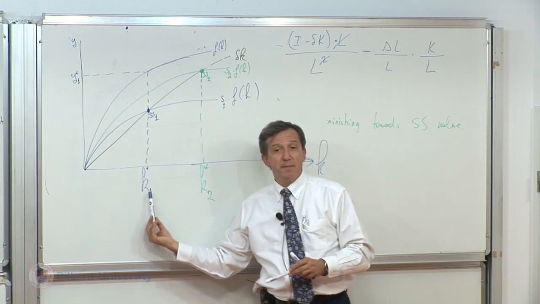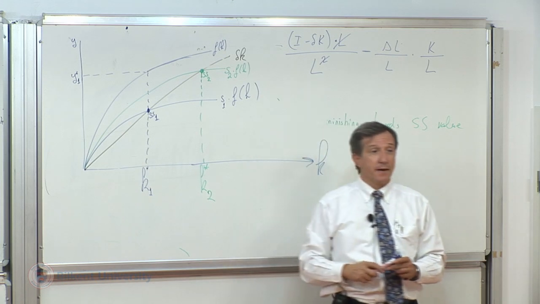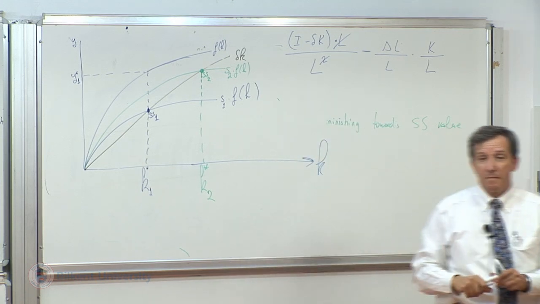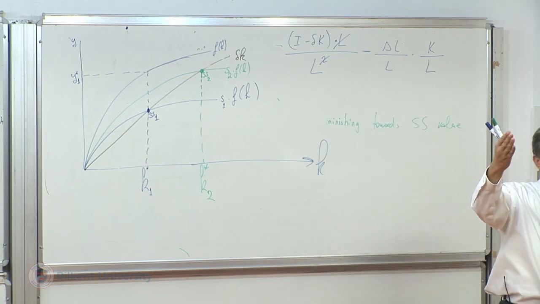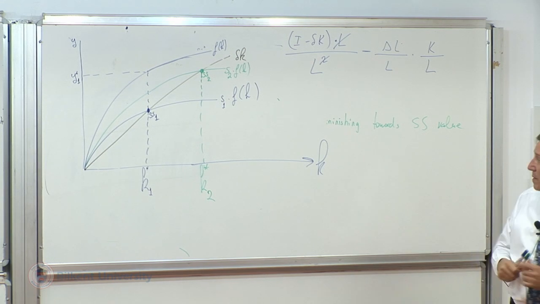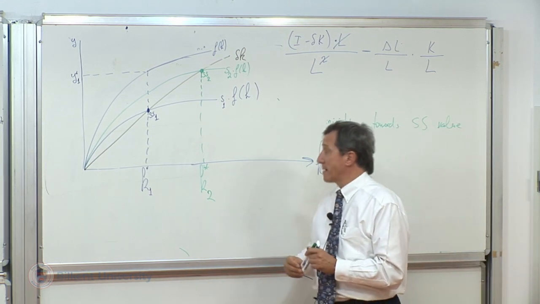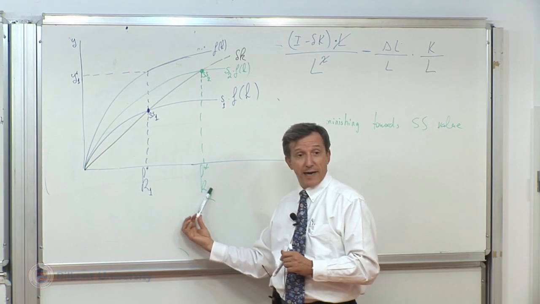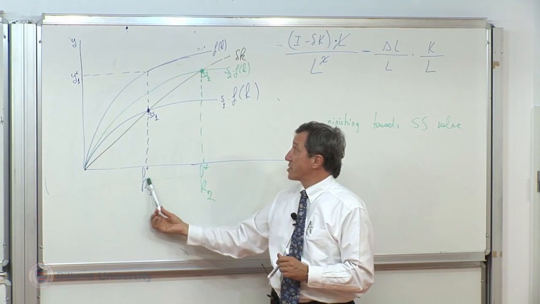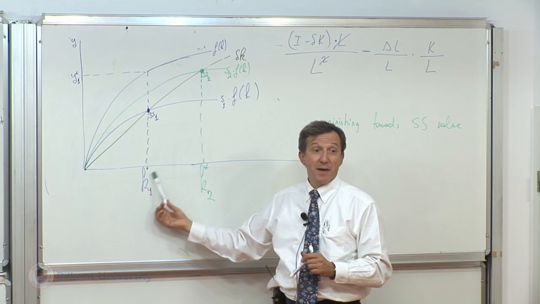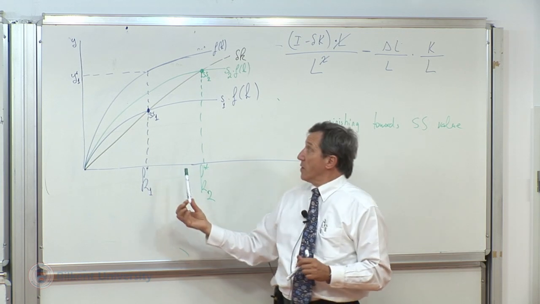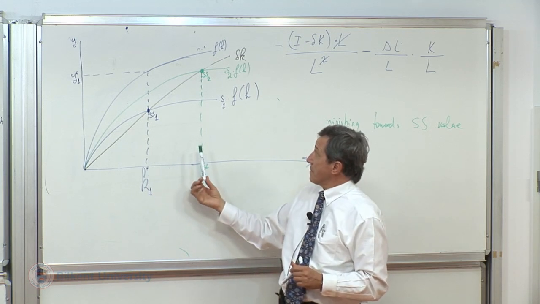Starting from here, tell me please what is happening. Compared to K2, the profit rate over here must be higher.